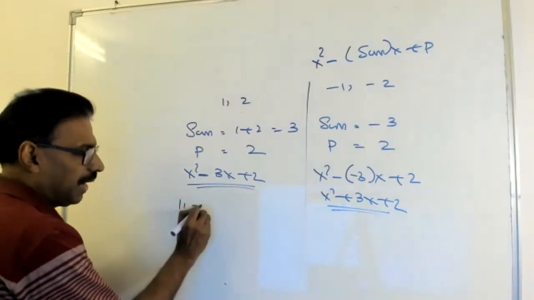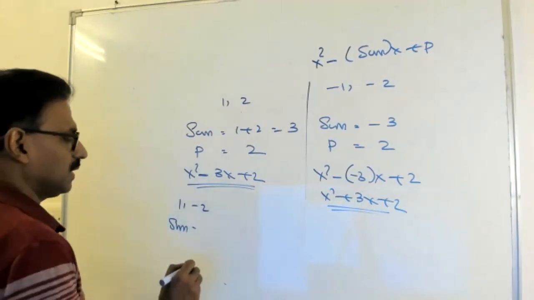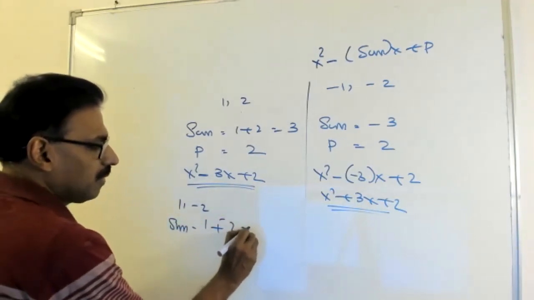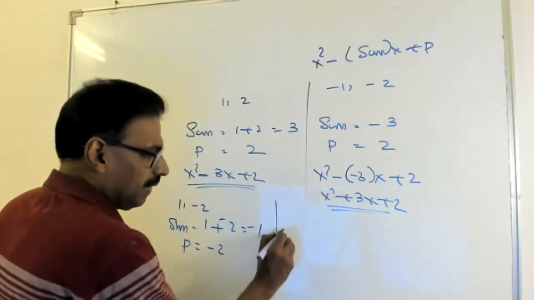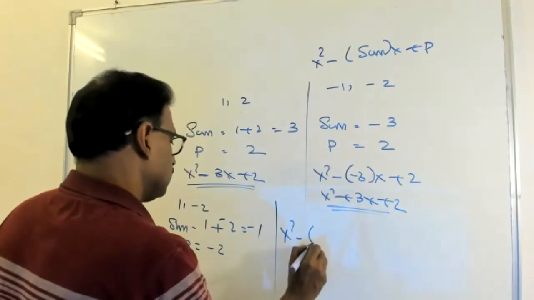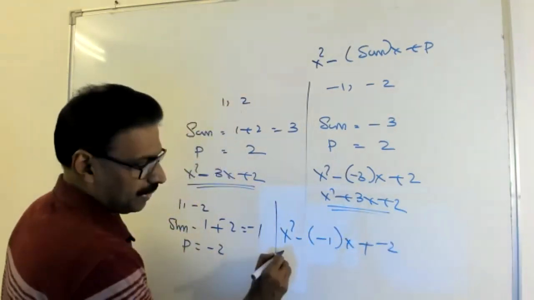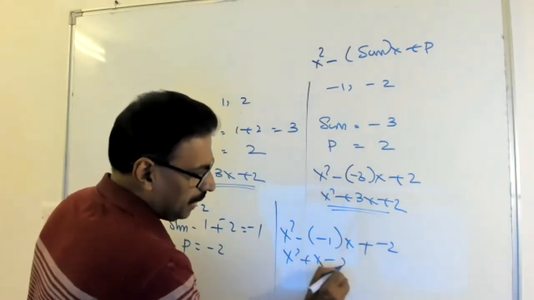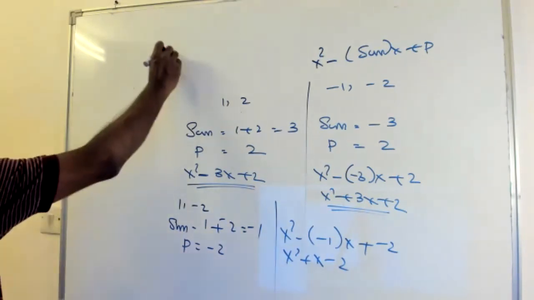Next one. Zeros are 1 and minus 2. Sum is 1 plus minus 2, which is minus 1. Product is minus 2. Polynomial: x square minus of minus 1 into x plus minus 2, so x square plus x minus 2. Agree or not? Yes, sir. Okay, now one more.